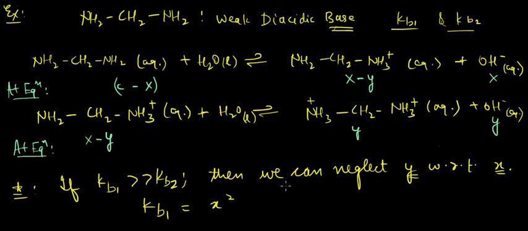So Kb1 would be nothing but X square upon C minus X, and Kb2 would be Y square upon X minus Y, so this would be just Y square upon X.